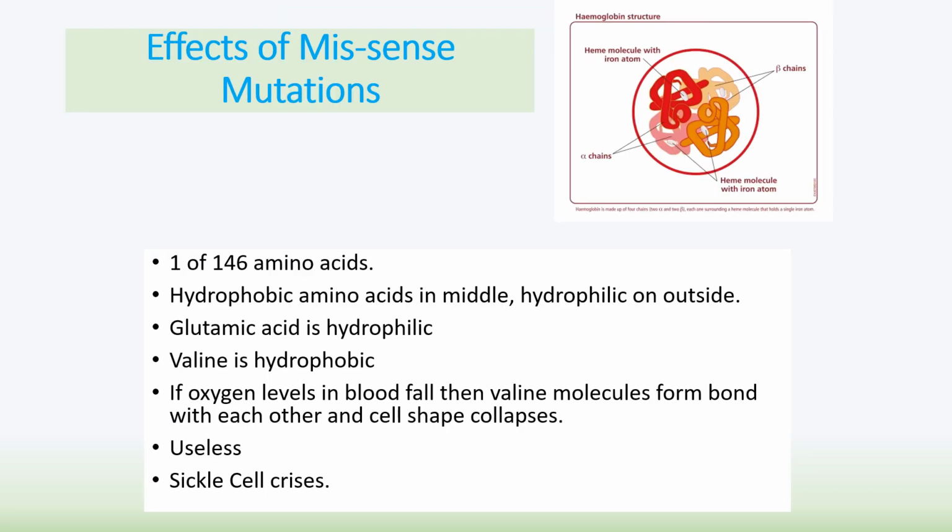And basically what happens is glutamic acid is the one that should be there, which is hydrophilic. That gets substituted for valine, which is hydrophobic. And then if the oxygen levels fall, the valine molecule will then form bonds differently to how it should, and the cell will collapse, making it useless. And it can also block arteries, called sickle cell crisis.